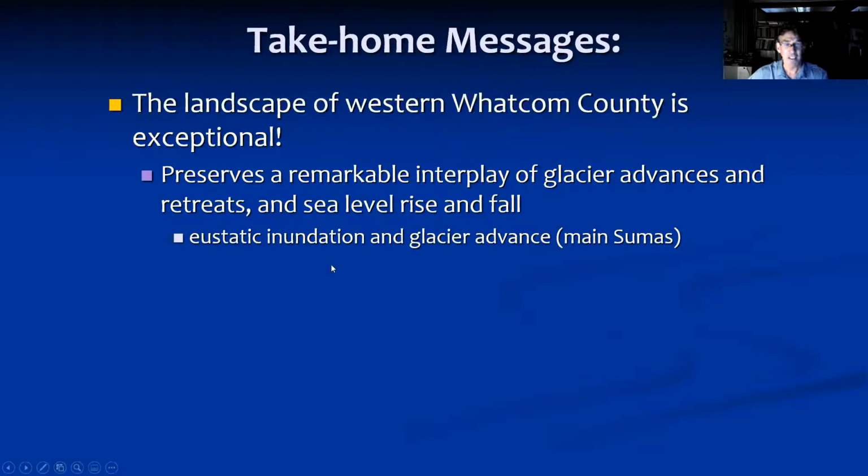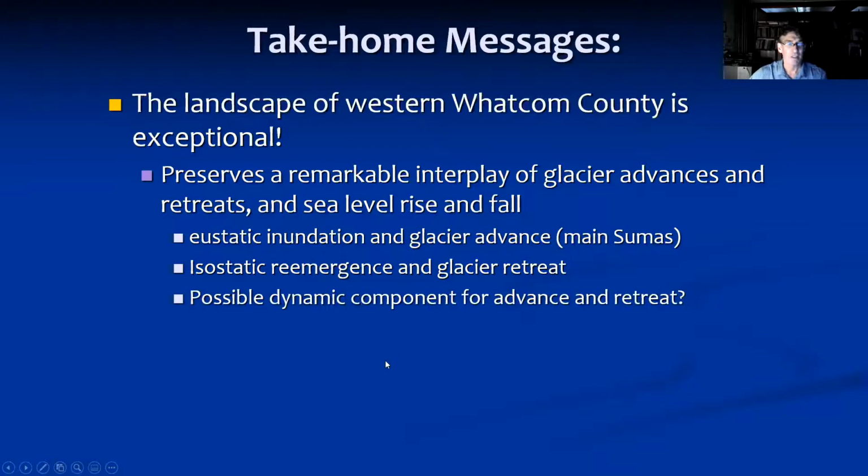There's a eustatic inundation and glacier advance for what I call main Sumas, and isostatic re-emergence and glacier retreat, sort of working in tandem. And the fact that they seem to be working in tandem begs the possibility that maybe part of this advance is related to the sea level coming up, allowing the glacier to slide easier out into the bay and advance.